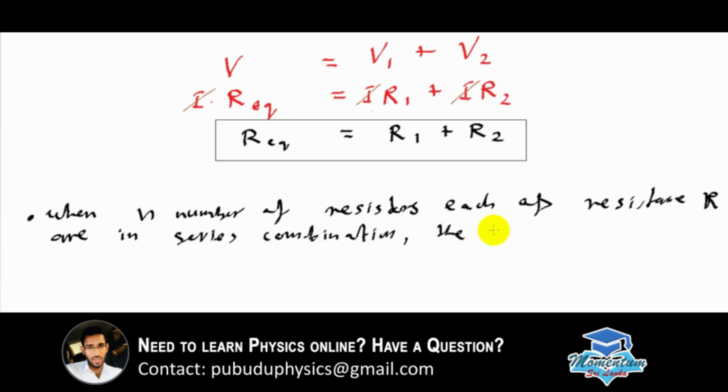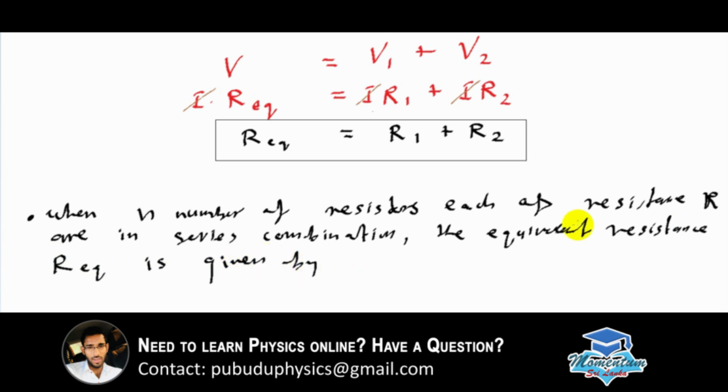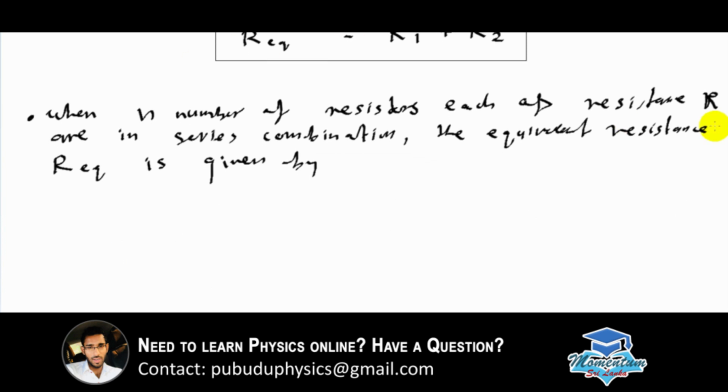The equivalent resistance Req is given by adding them all.